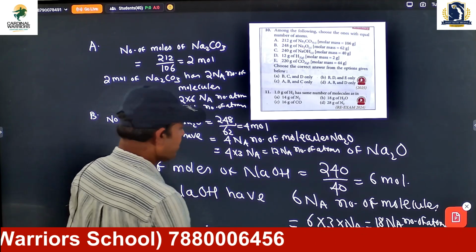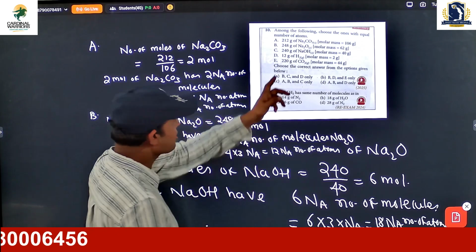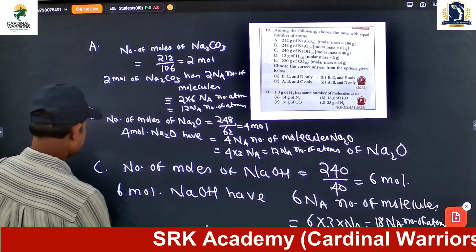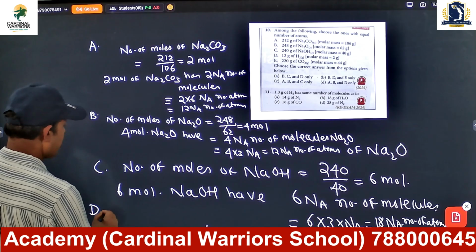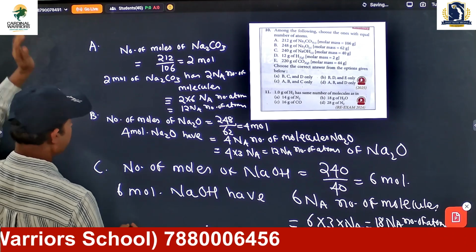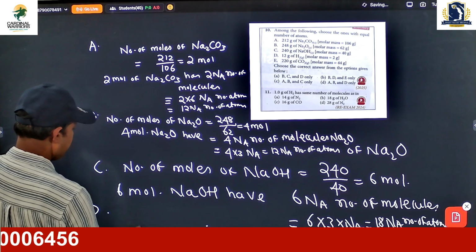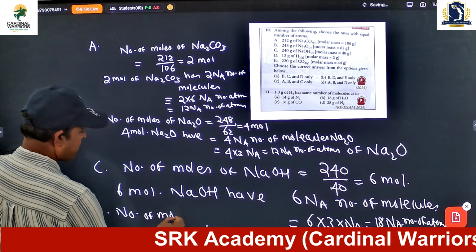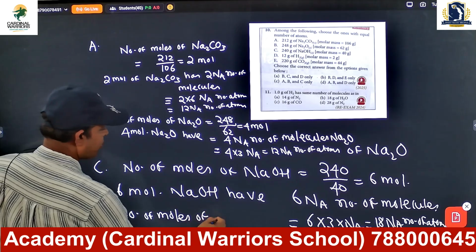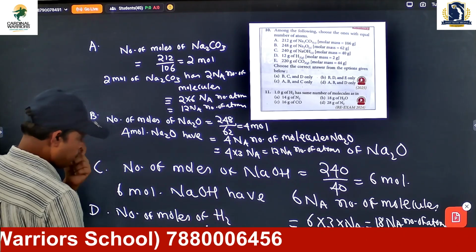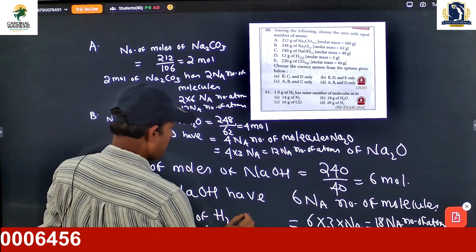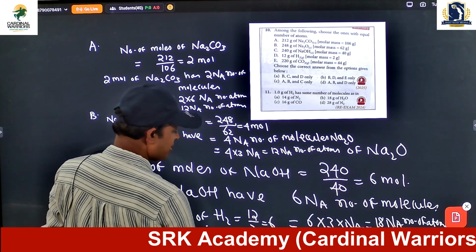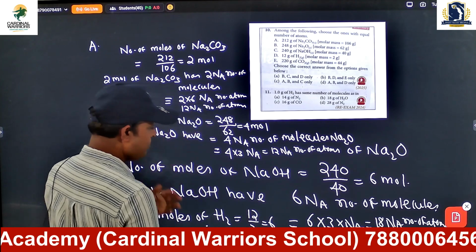Next is D. So D is 12 gram of S2. So the number of moles of S2 becomes 12 upon 2, that is equal to 6 mole.